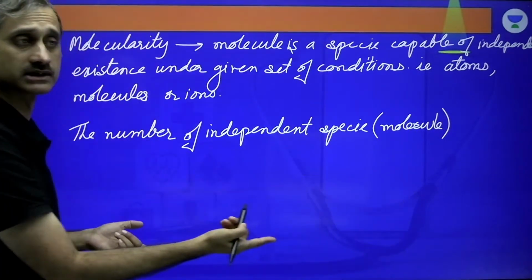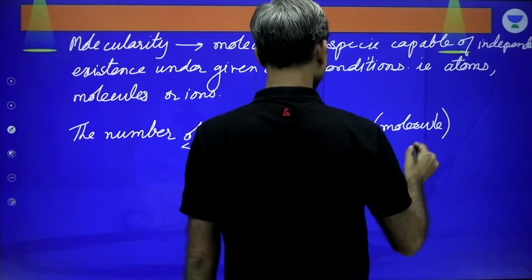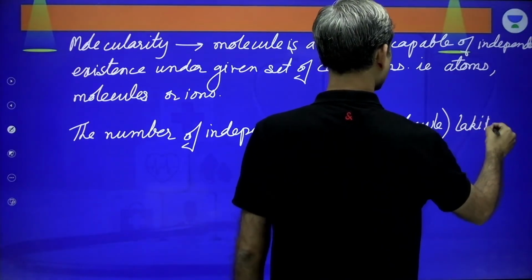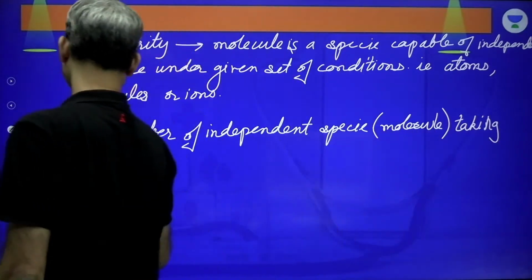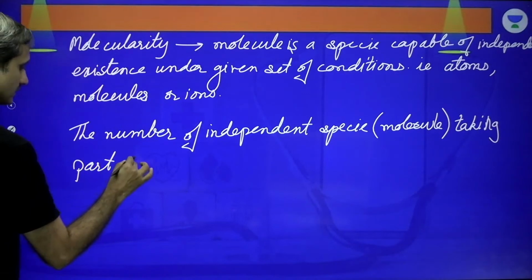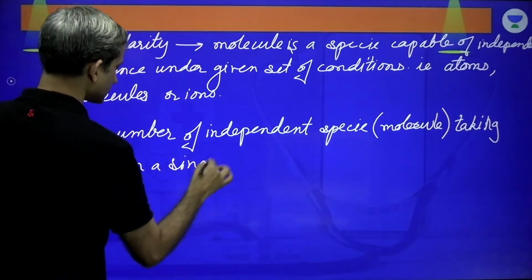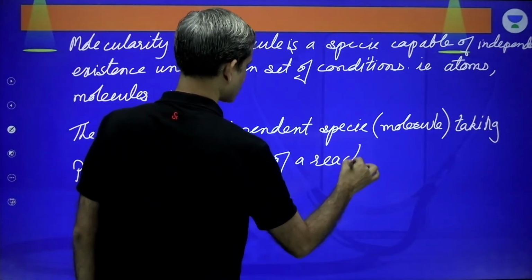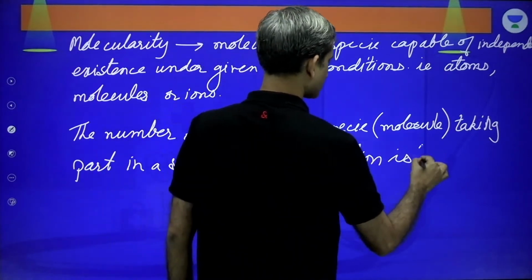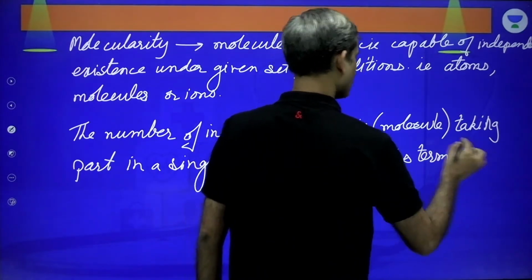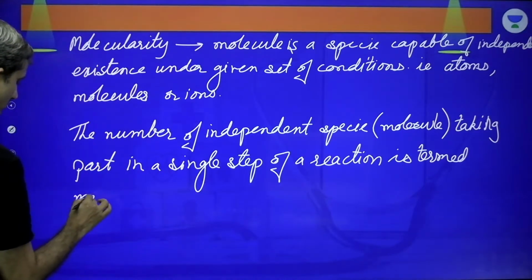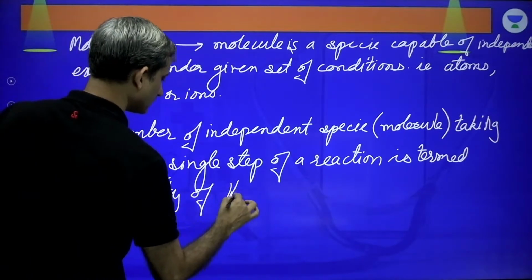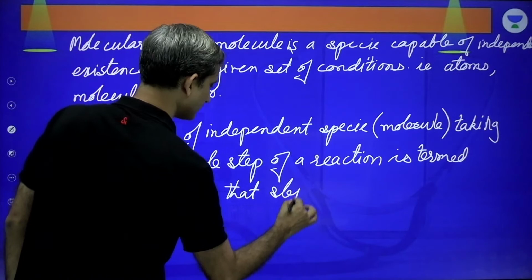Now, independent species means molecules. I have defined what a molecule is. The number of independent species taking part in a single step of a reaction is termed the molecularity of that step.